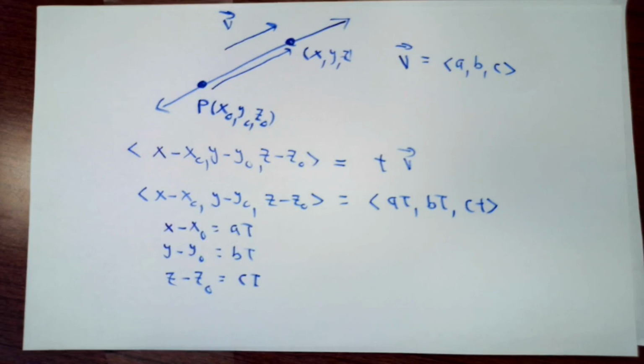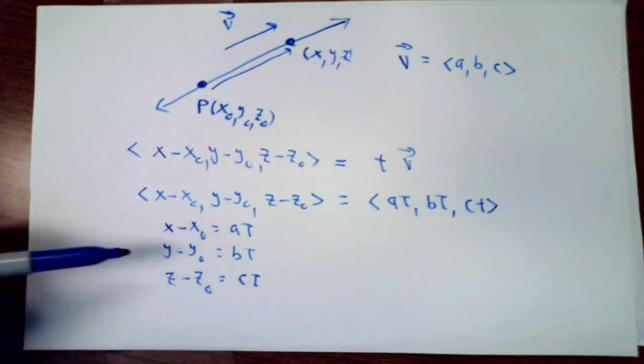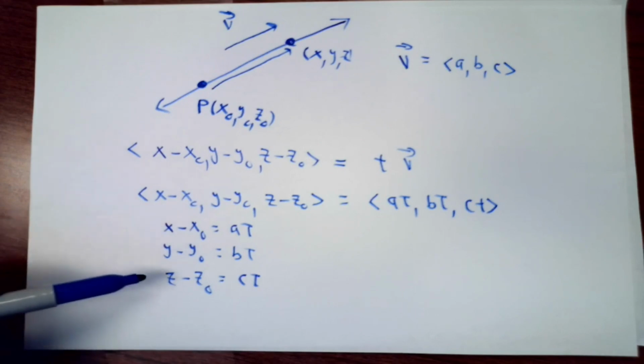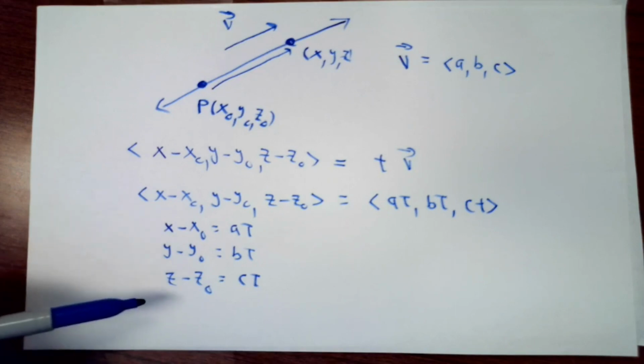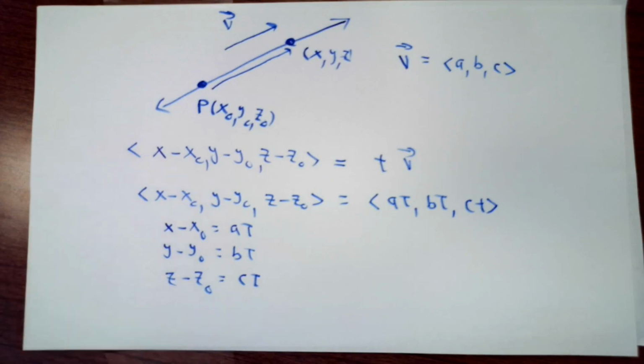Splitting the vector equation into its 3 component equations, we find out that x minus x0 must be a times t, y minus y0 must be b times t, and z minus z0 must be c times t. This is easily rearranged into the usual format.